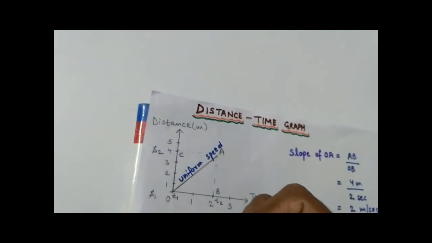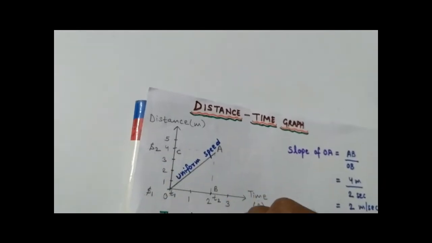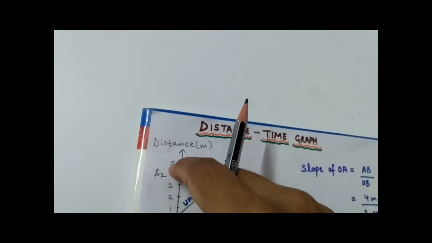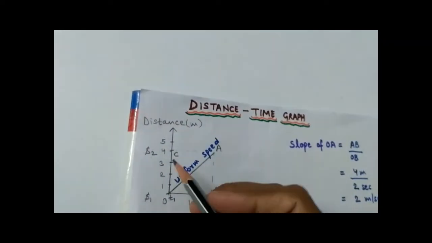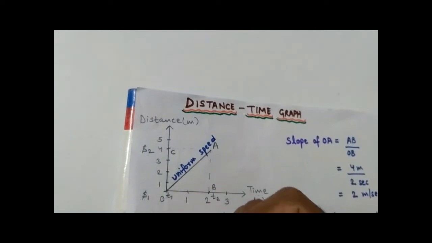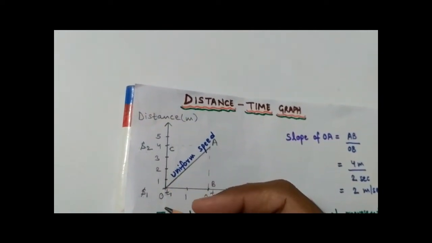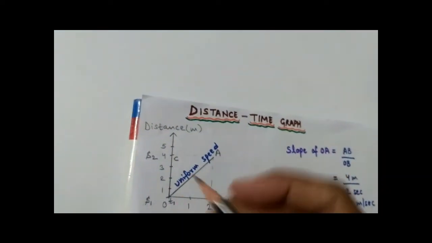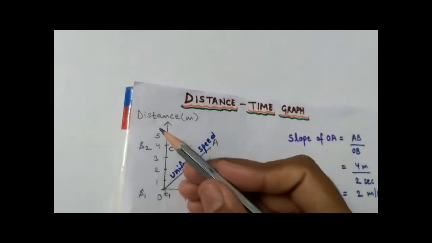So tell me, students, how much has the object traveled? It has traveled the distance between S1 and S2. Okay, it has traveled 4 meter distance. How did you get this 4 meter distance? It is 4 minus 0. So the distance traveled is what?